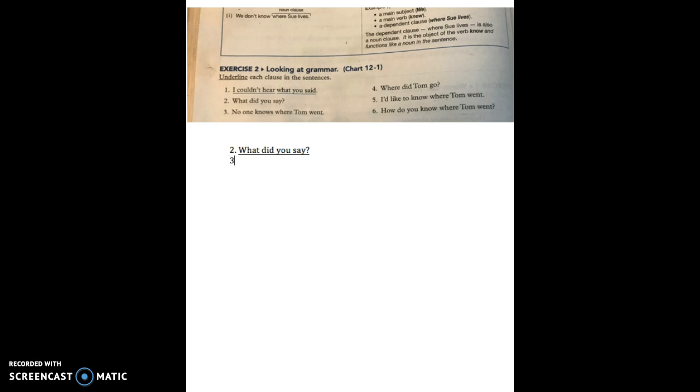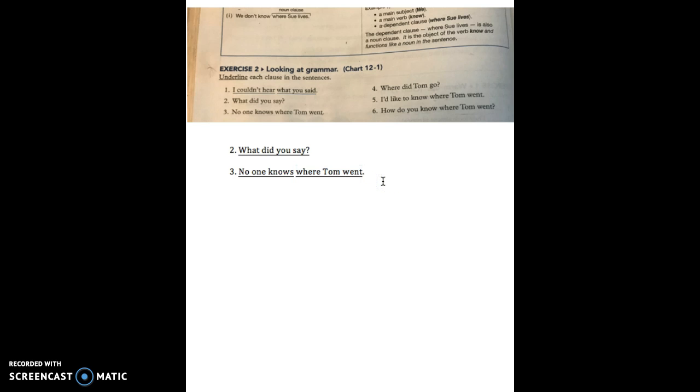All right, number 3. No one knows where Tom went. In this example, how many clauses do we have? We have 2. No one knows. So no one is our subject and knows is our verb. And then where Tom went is our second clause.